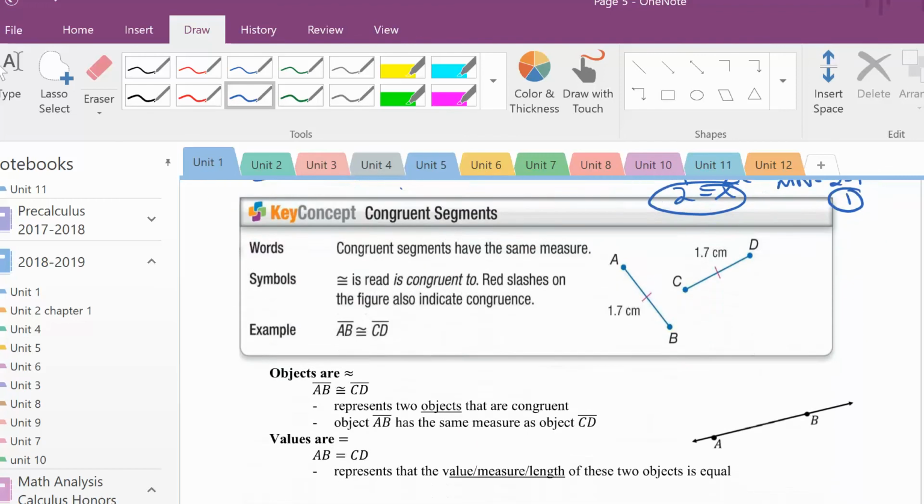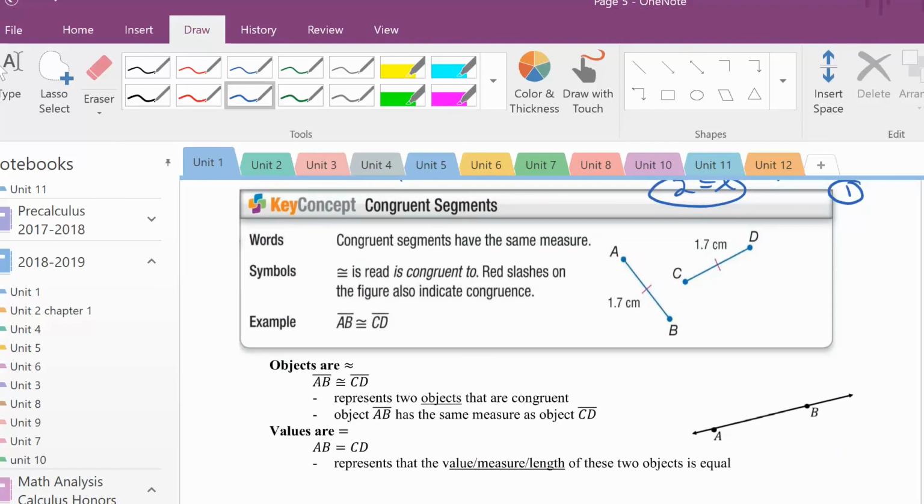All right. So the next concept that we're going to talk about is congruent segments. That means segments that have the same measure. So the symbol for congruence is the equal sign with a squiggly line on top. That means it's congruent to. And then you'll mark your picture with red slashes that indicate that these are the same.